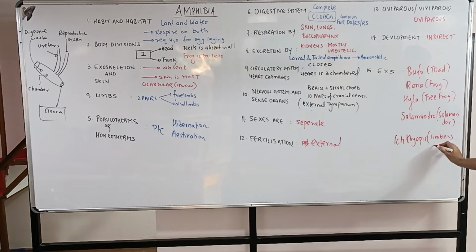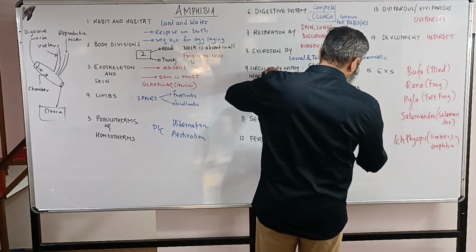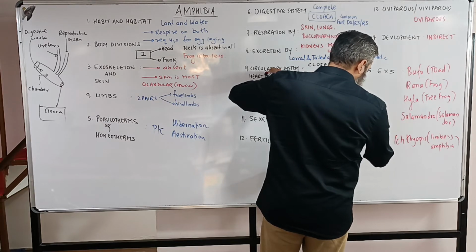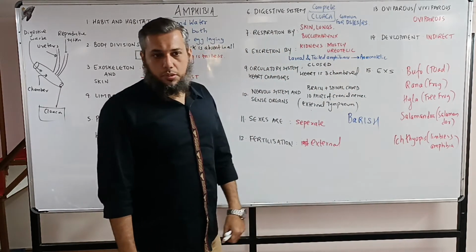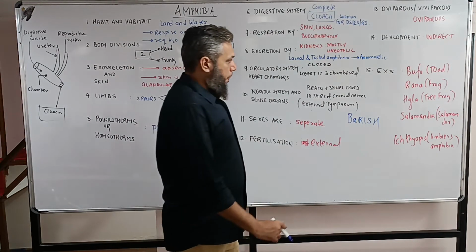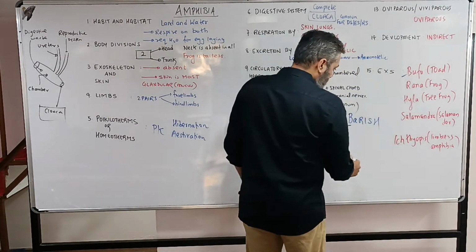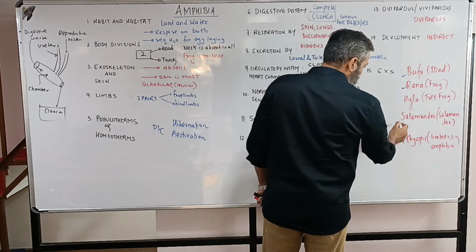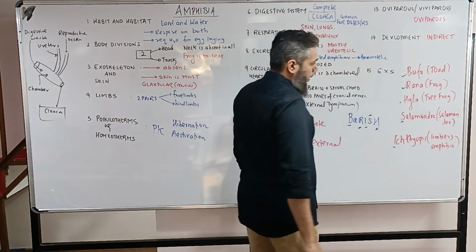It's a limbless amphibian. Okay. Is that right, kids? So keep this in mind. What will you remember? B for Bufo, R for Rana, I for Ichthyophis, S for Salamandra, H for Hyla.